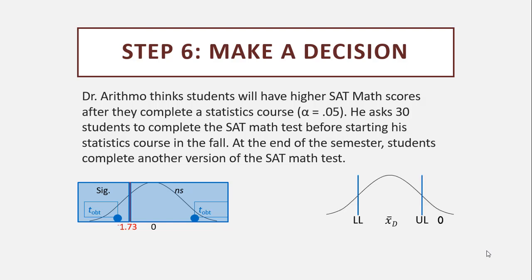We can also use it with confidence interval, where if we create this confidence interval around our mean difference, and the range, the lower limit to the upper limit, is less than 0, it would suggest that the difference is significantly less than 0. Thus, the change from time 1 to time 2, scores are increasing from time 1 to time 2. Students are performing better on the SAT at time 2.